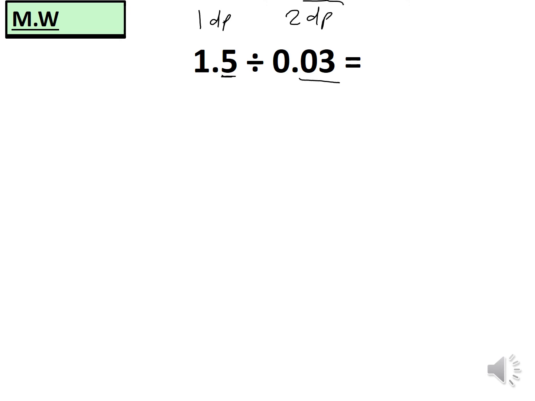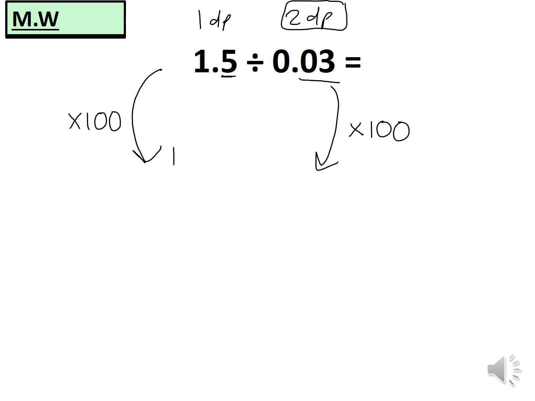So I need to turn this one into a whole number, and to do so I'm going to multiply it by 100. I must also multiply the left hand side by 100. So I get 150 divided by 3, which equals 50. Our answer is 50.